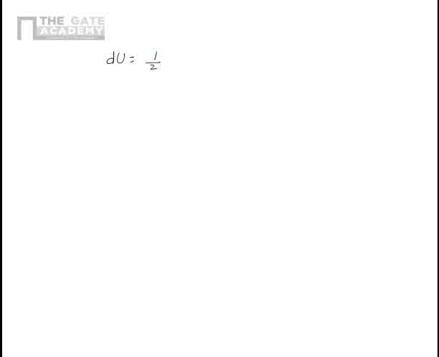The equation is dU is equal to 1 upon 2 P square dx upon Ax. Now I want to find out what is the total strain energy which is stored in the bar. This dU is the strain energy which is stored in the small differential element, which is dx, and its area of cross section is Ax.